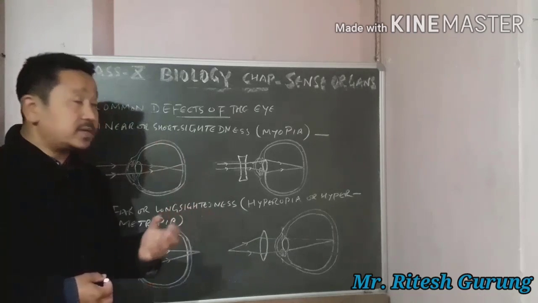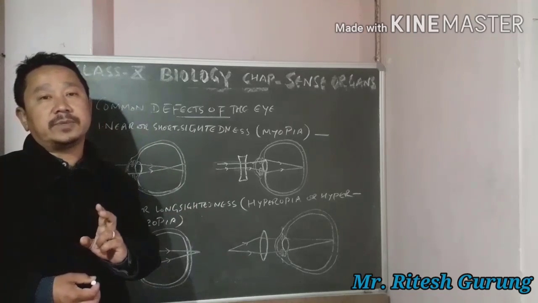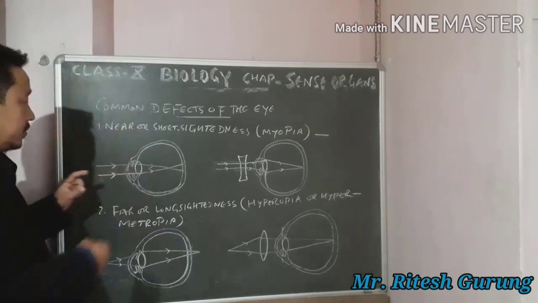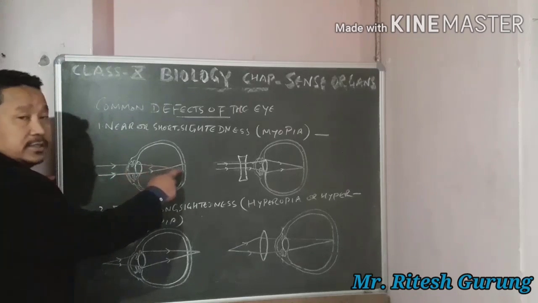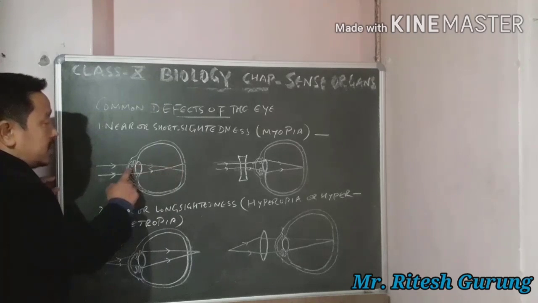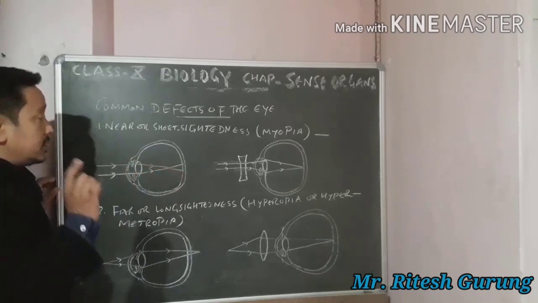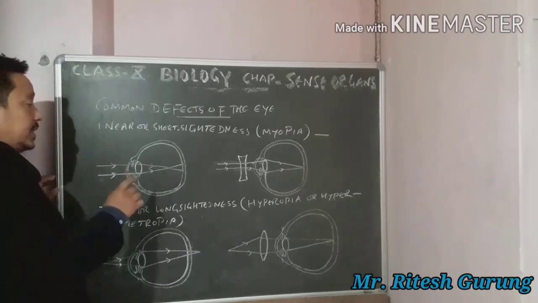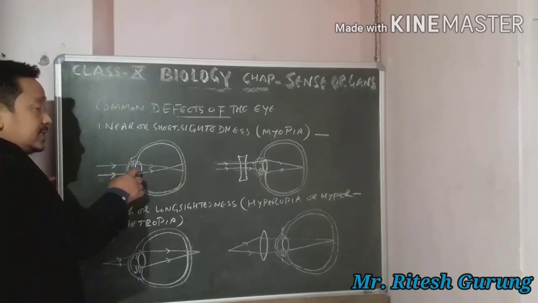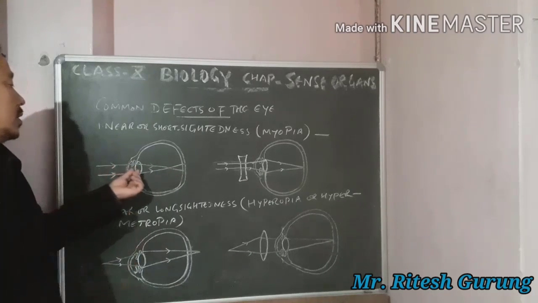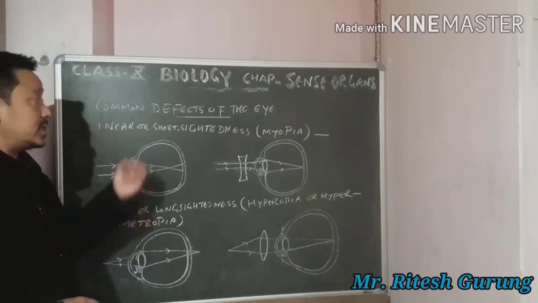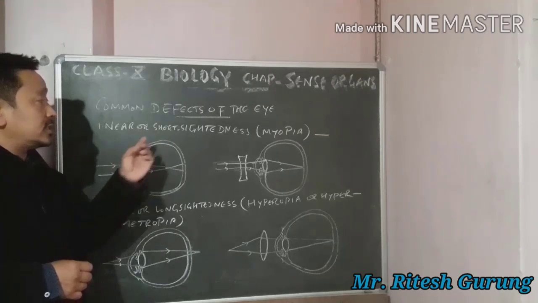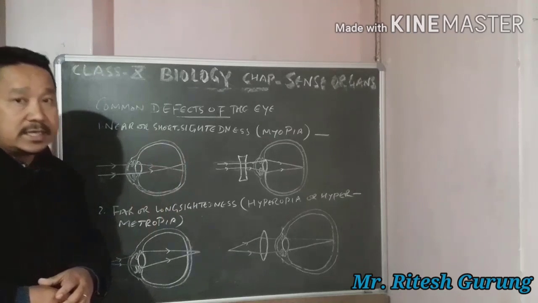This is mainly because of two reasons: number one, the eyeball is lengthened from front to back, and number two, the lens is too curved. Because of these two reasons, near or short-sightedness, or myopia, takes place.